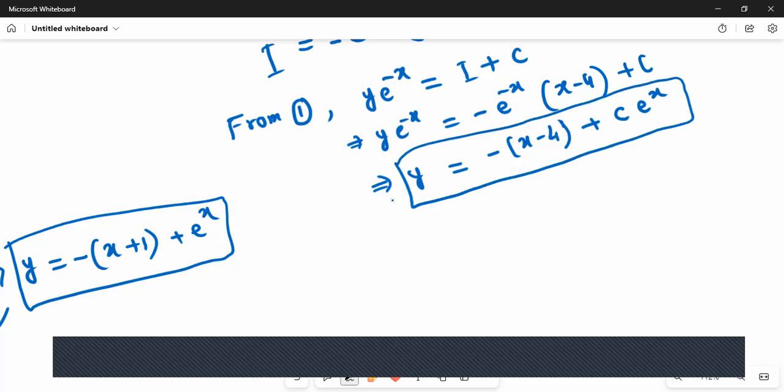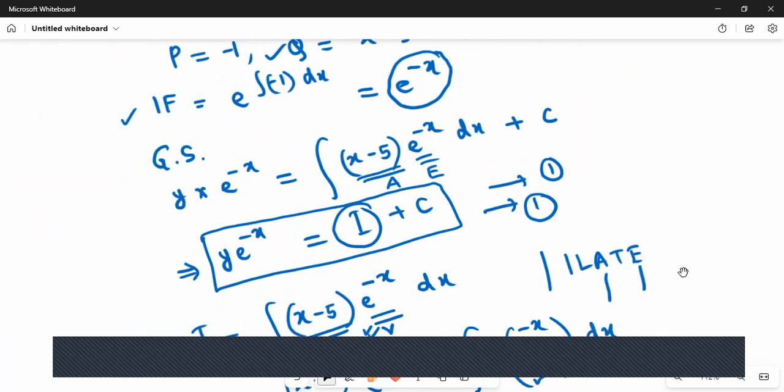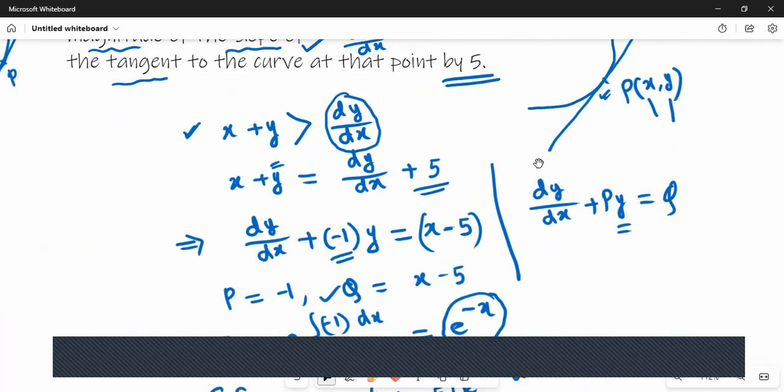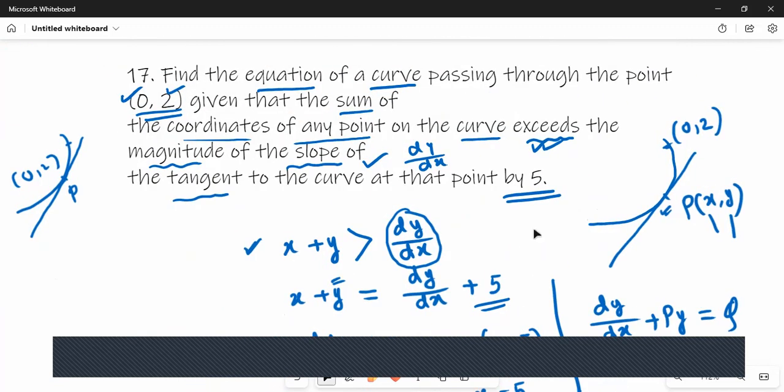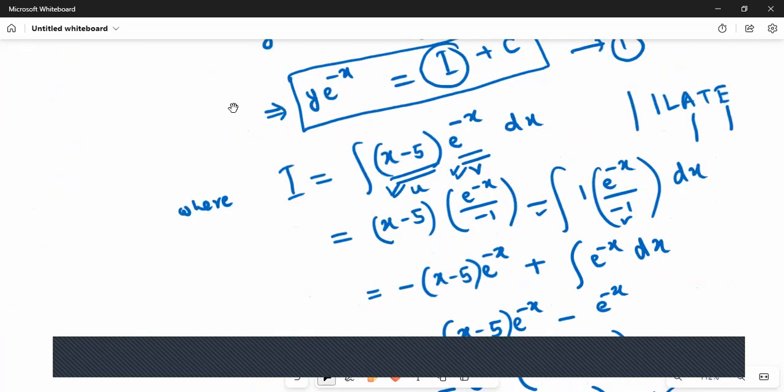Now they have given you a condition that this differential equation, or rather this curve, is passing through 0, 2. So x is 0, y is 2. So replace here.